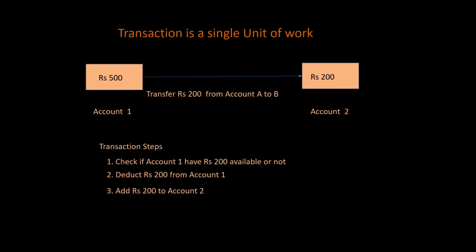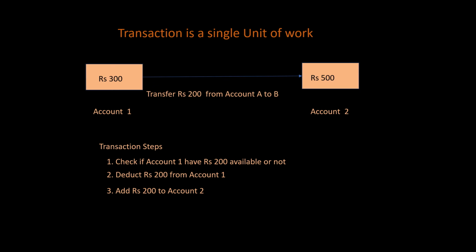So it will change the values in both the accounts. If all these steps are done successfully, then we can say this single unit of work, checking that account one has the prerequisite amount, then deducting the amount from account one and sending it to account two, is complete, and this transaction is complete in totality.